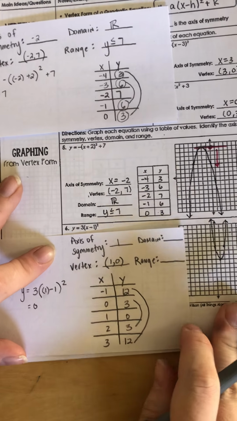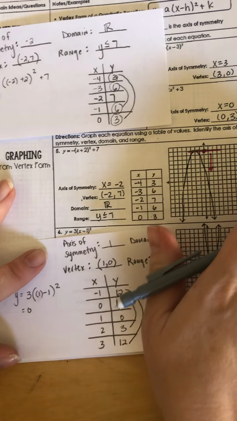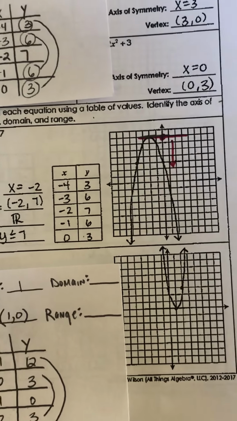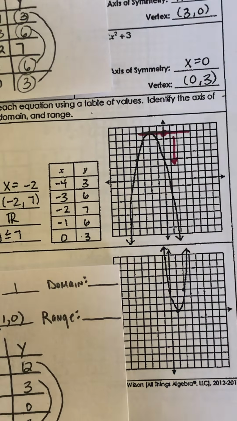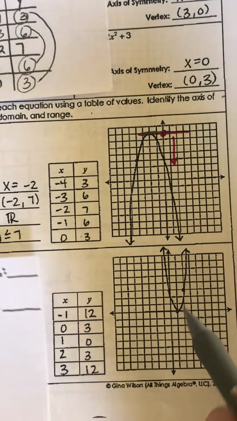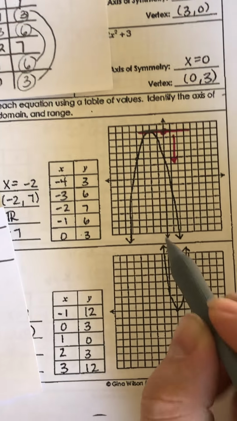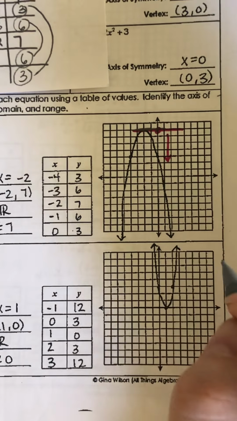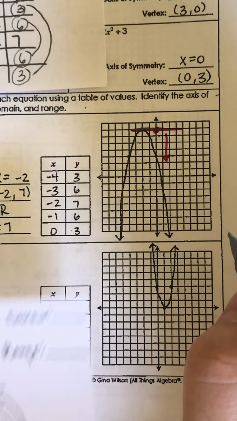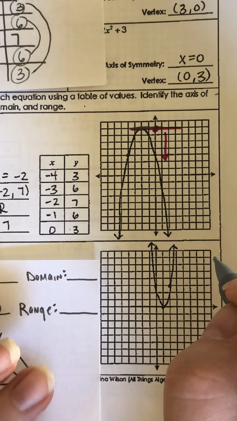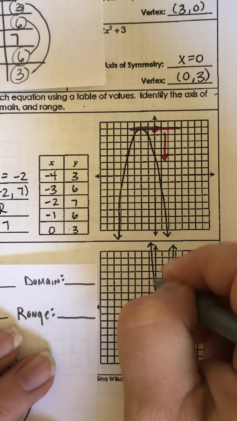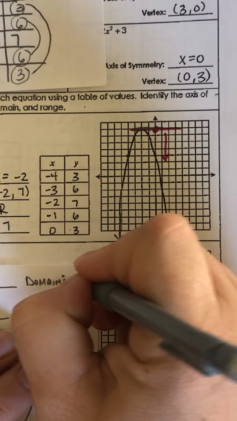Graph it, and it's going to look like this over here. So my graph, it's going to look here, and now we have a minimum. Okay, minimum, it's going to go upwards. So my graph is growing out as the minimum. So my minimum's down here. My domain, again, is going up and out, all real numbers.